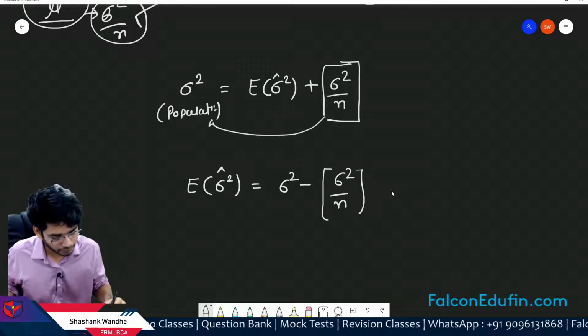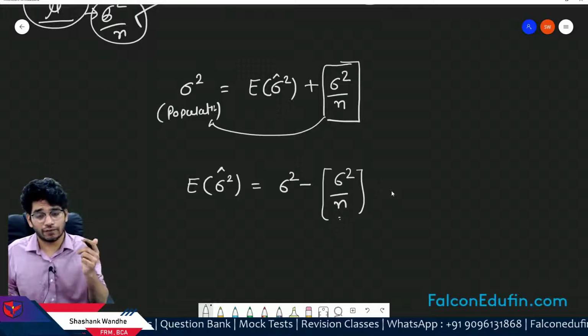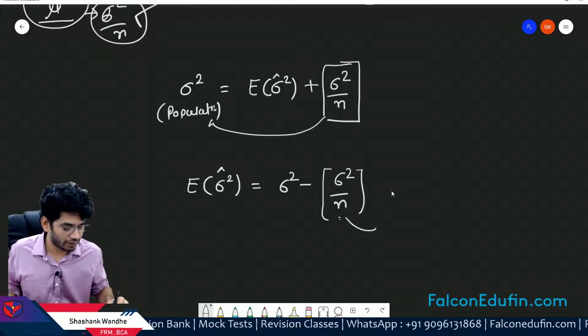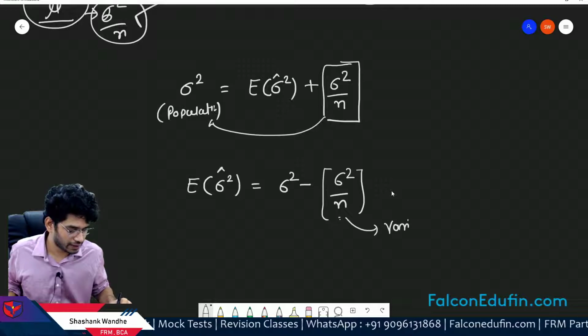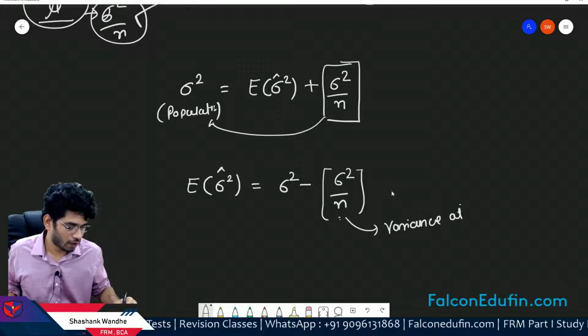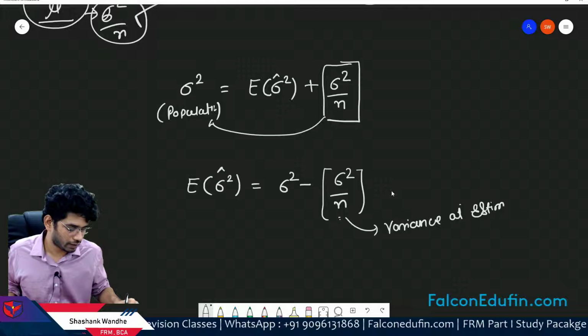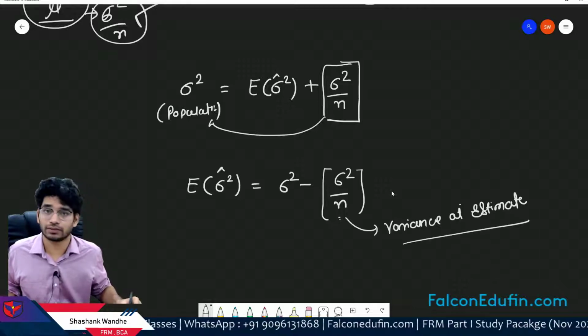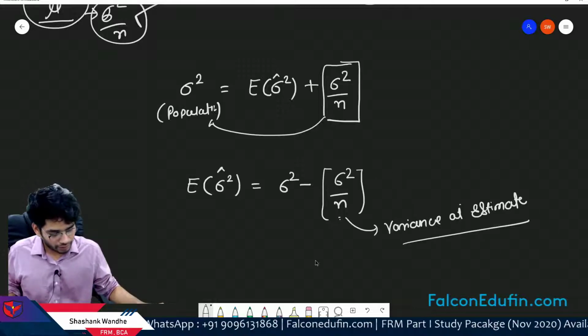But we call it a variance of estimate. We call this particular term a variance of estimate. Simple.